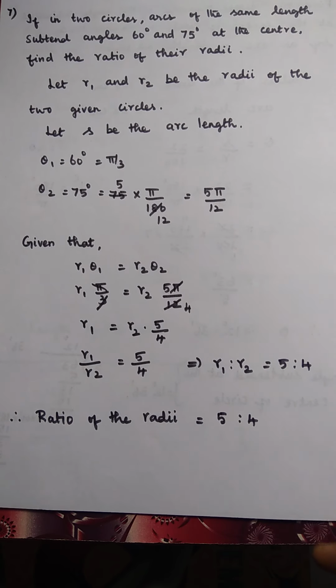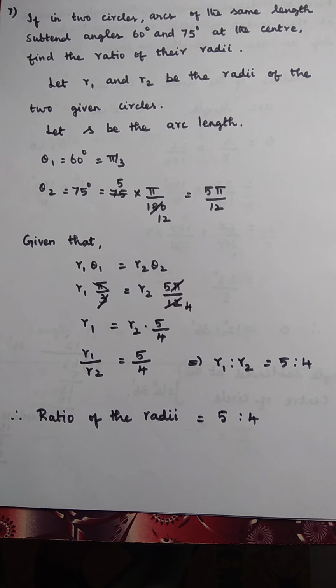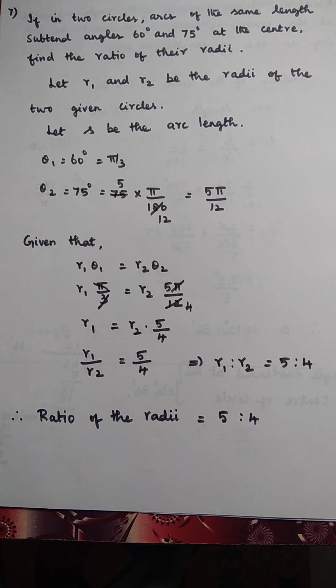Question number 7. If in two circles, arcs of the same length subtend angles 60 degree and 75 degree at the center, find the ratio of their radii. Two circles, arc length same, and they subtend angles 60 degree and 75 degree. We want to find the ratio of their radii.